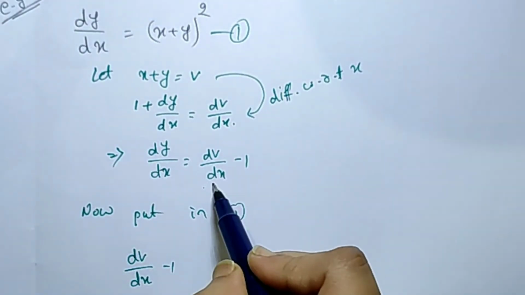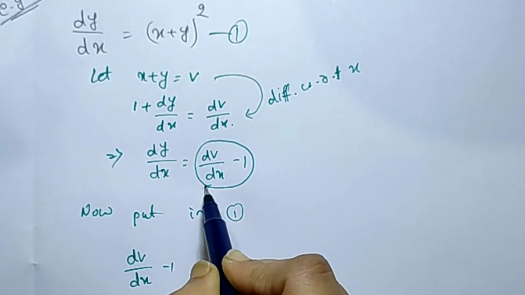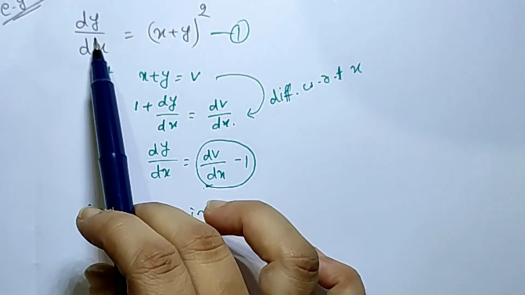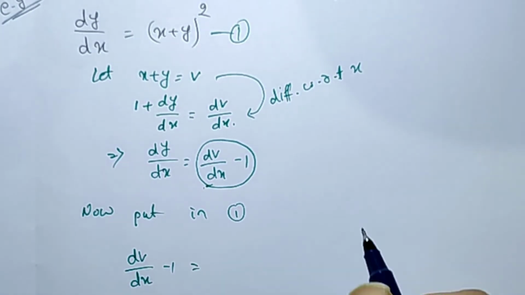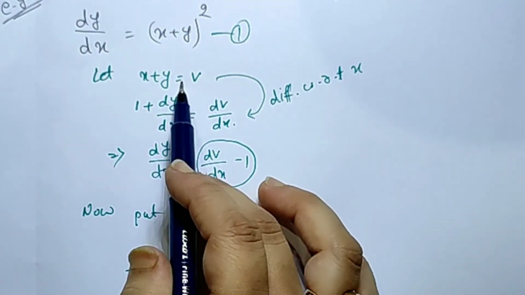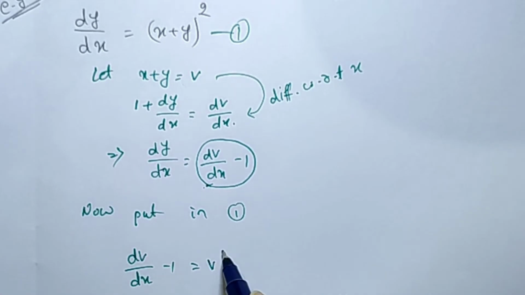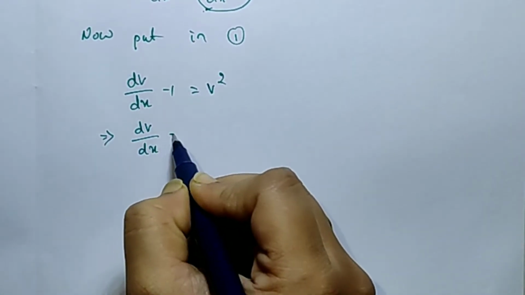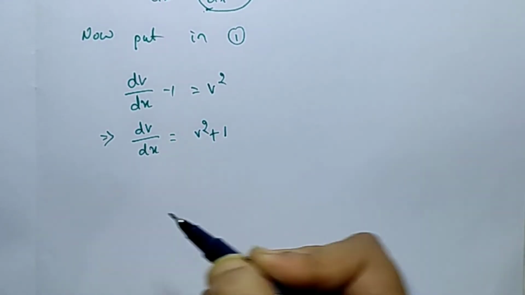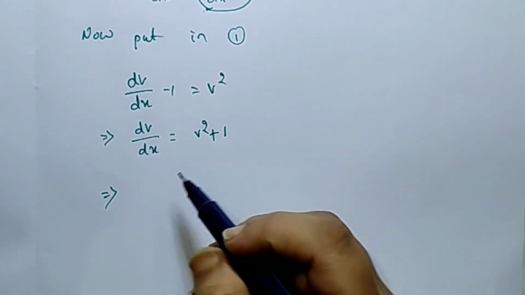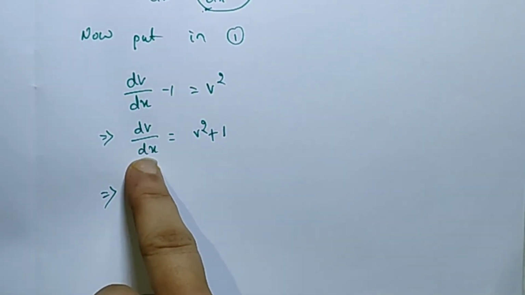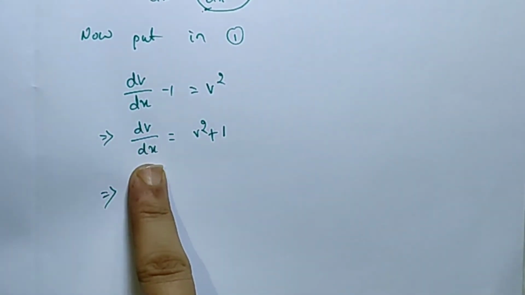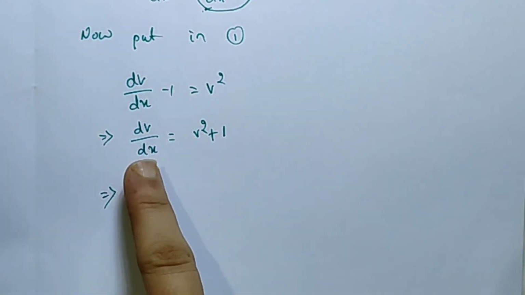So we put dv by dx minus 1 instead of dy by dx, and for x plus y, I can put v, which is equal to v square, which implies that dv by dx is equal to v square plus 1. Now this is the newly formed function, which is of the variables v and x.